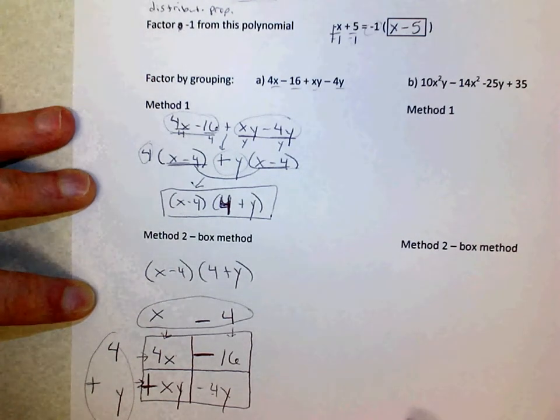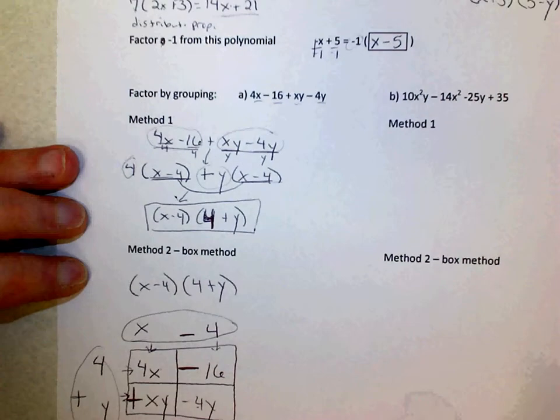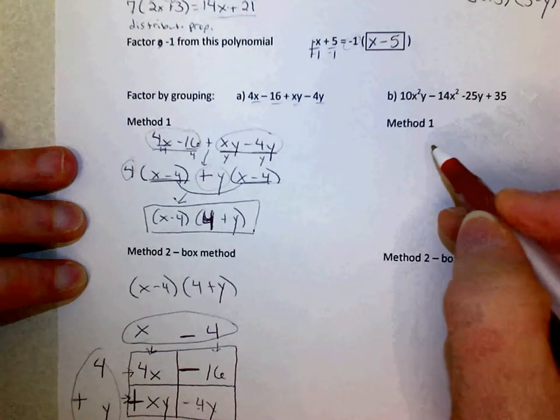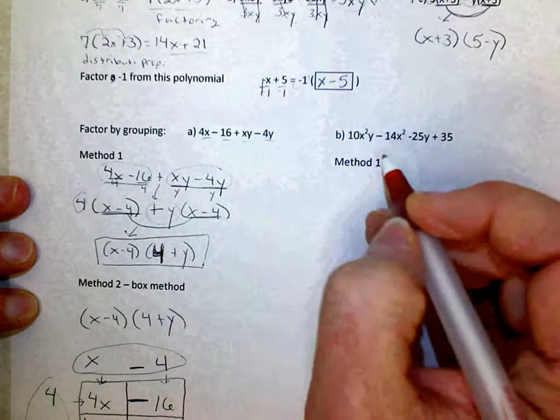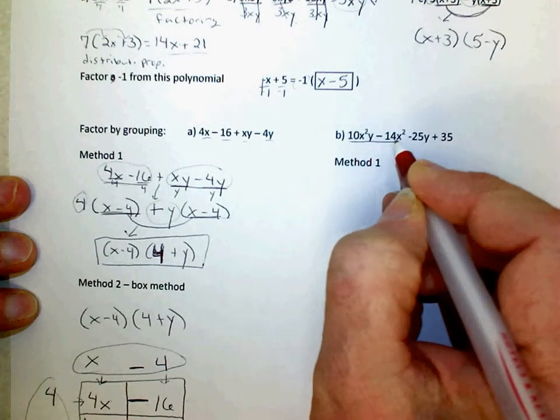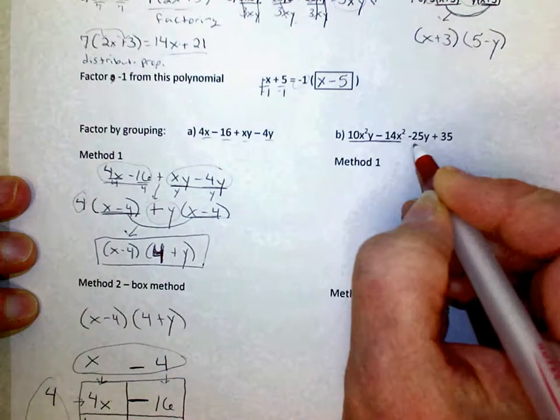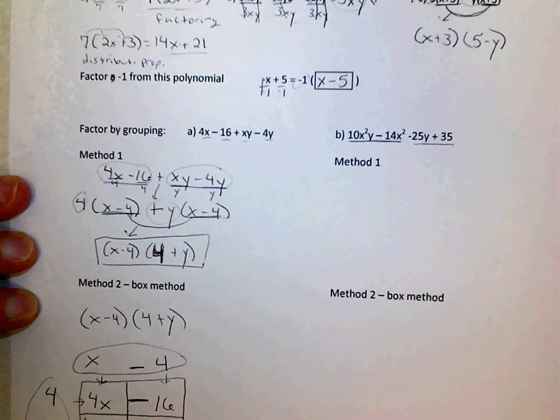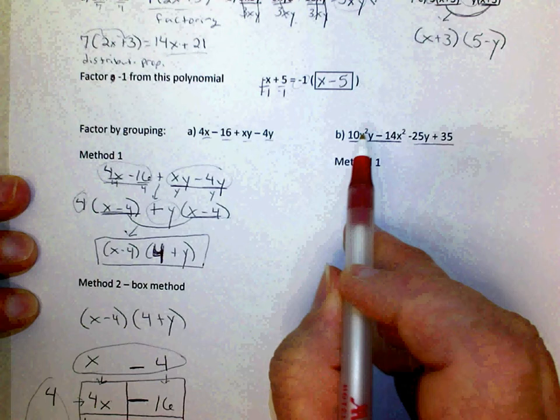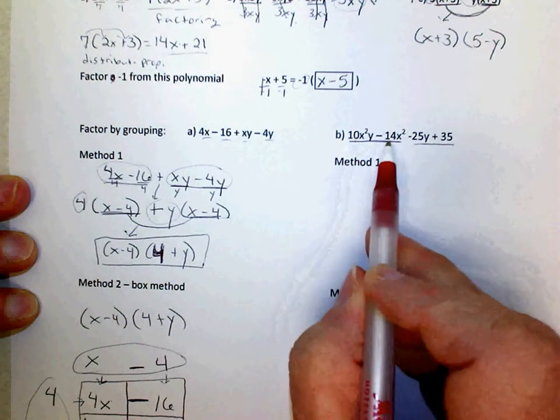Now, number B, I'm just going to, on this paper right here, instead of rewriting it right now, I'm just going to do this real quick. Now, between 10 and 14, 2 is your GCF.